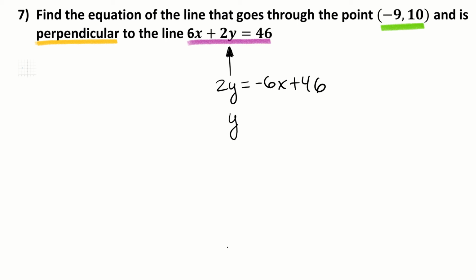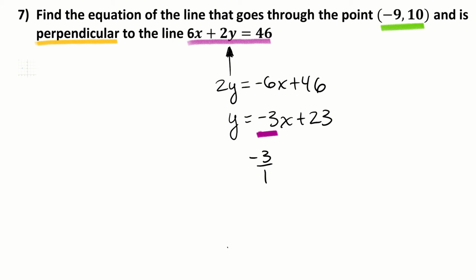So this becomes y is equal to negative 3x plus 23. So I found our slope. This is not the slope that I'm going to use. It's the slope of the purple line, right? The slope of the purple line is negative 3, and I could write it as negative 3 over 1.